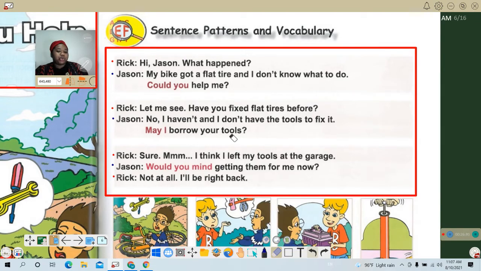May I borrow your tools? Sure. I think I left my tools at the garage. Rick, would you mind getting them for me now? Not at all. I'll be back.